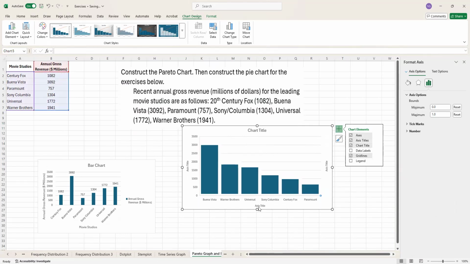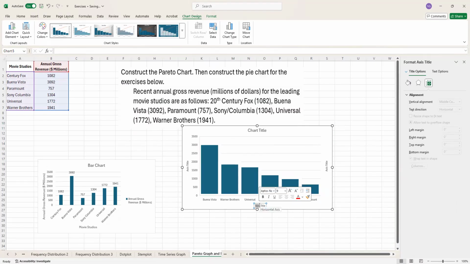Okay. So remember, in the axis, we said this would be the movie studio on the x-axis, and on the y-axis, double check. I can erase.